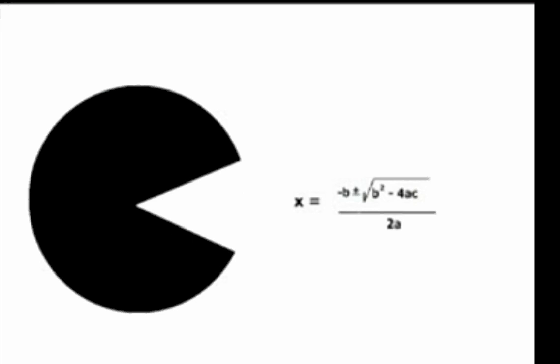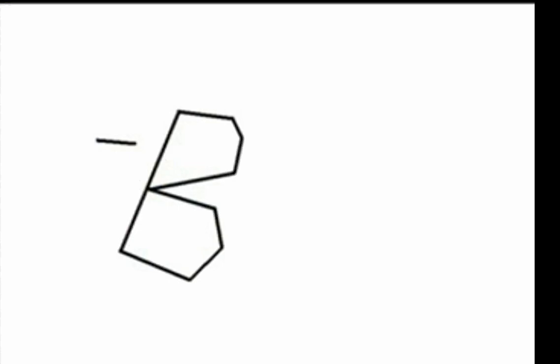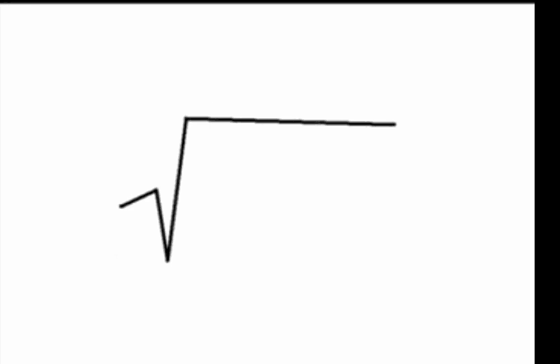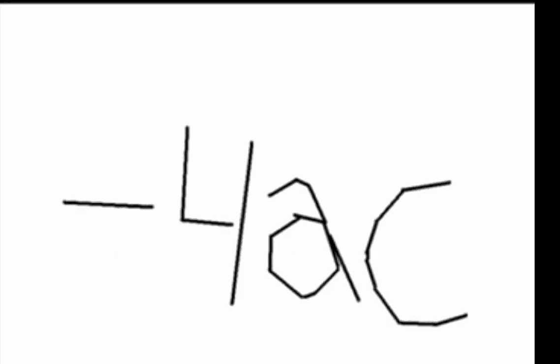Quadratic formula. And it is negative b plus or minus square root of b squared minus 4ac over 2a.